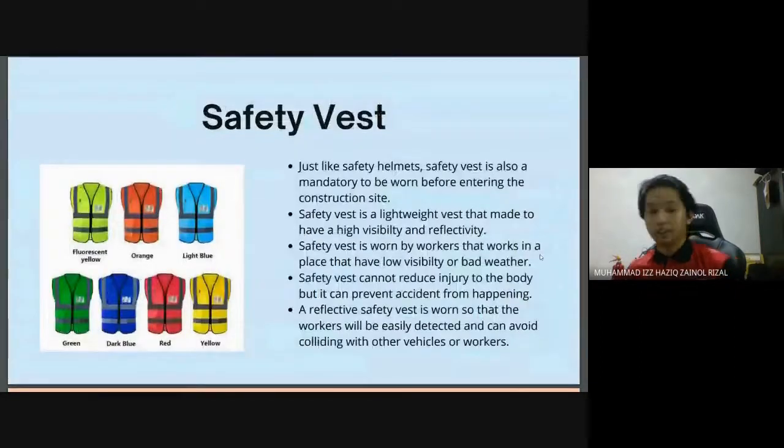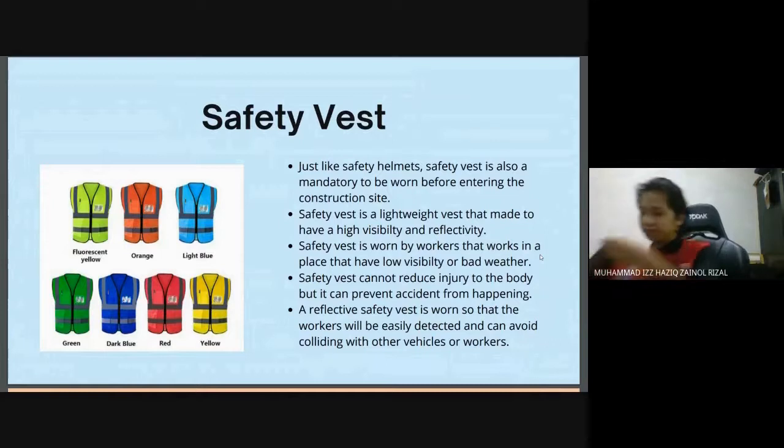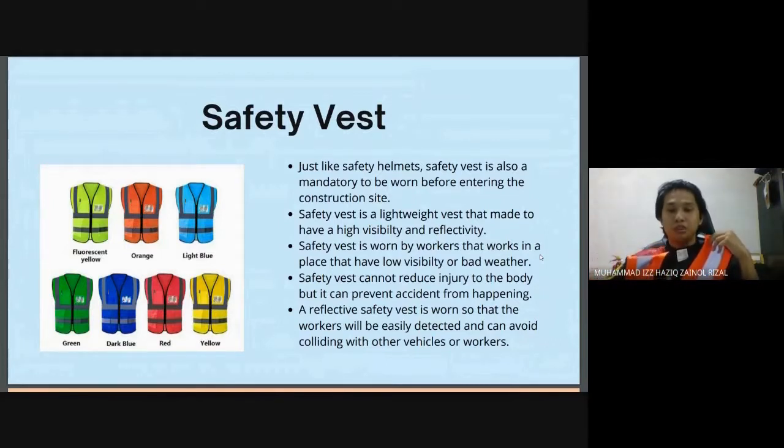Next is safety vest. I have an example of a safety vest here. As you can see, it has a reflector here to increase visibility. So safety vest is worn by workers that work in a place that has low visibility or bad weather.